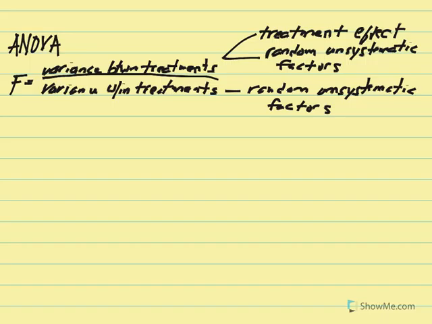And we learned that the sources of variance or difference in scores when we're looking at variations between treatments is attributed to treatment effect plus random unsystematic factors. And the variance within treatments, that variation of scores within each treatment condition is attributed to random unsystematic factors.